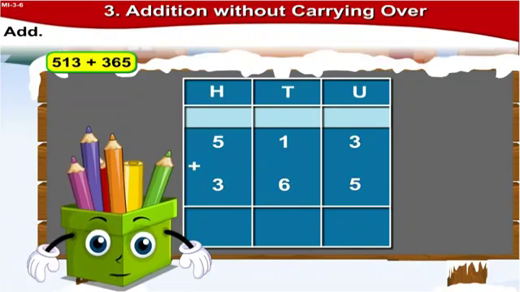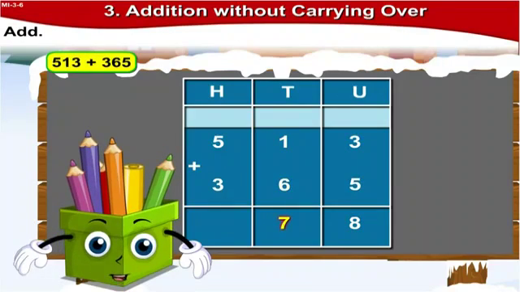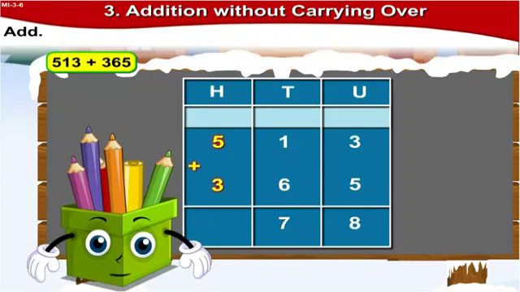Let us see the units column. 3 units plus 5 units is 8 units. In the tens column, 1 ten plus 6 tens is 7 tens. In the hundreds column, 500 plus 300 is 800. So the answer is 800, 7 tens, 8 units, which means the answer is 878.